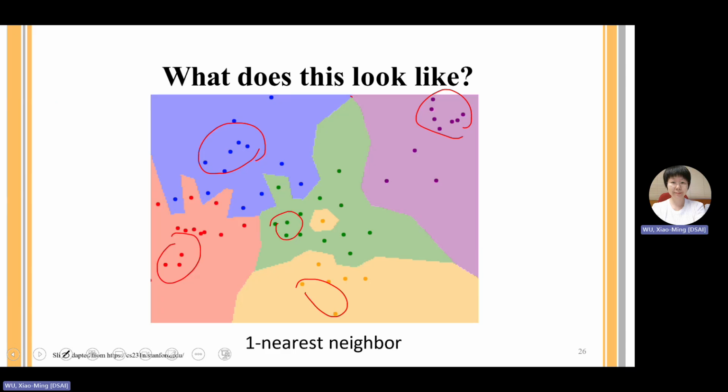So how many training samples do we have for the yellow class?